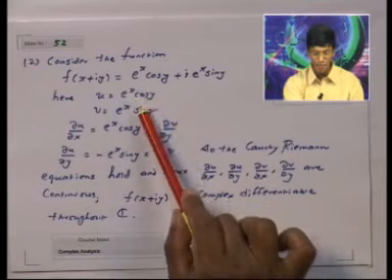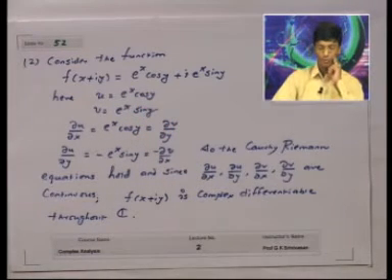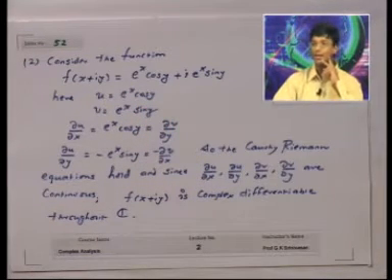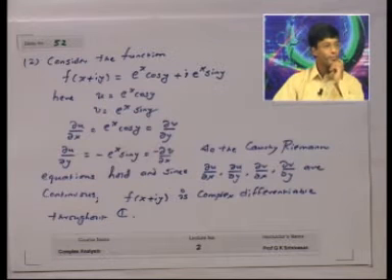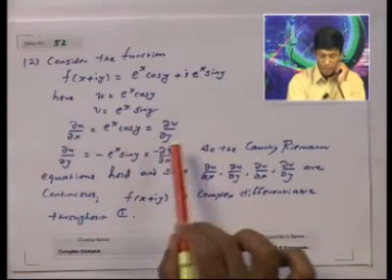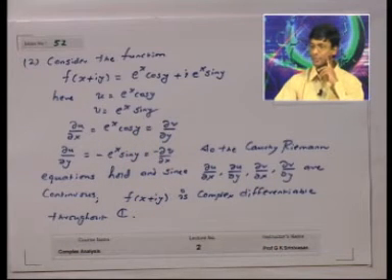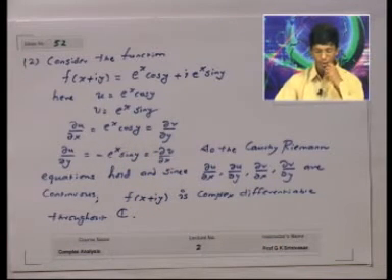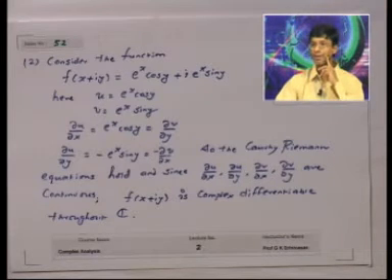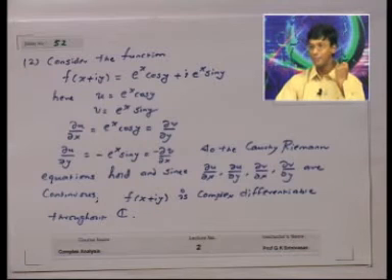So, this pair of functions satisfies the Cauchy-Riemann equations, and the 4 partial derivatives, are they continuous? Yes, they are continuous. And so, e to the power x cos y plus i e to the power x sin y is a complex differentiable function, correct.